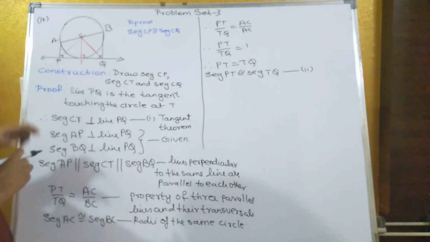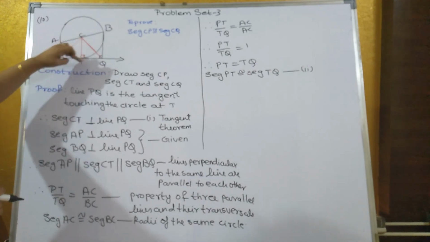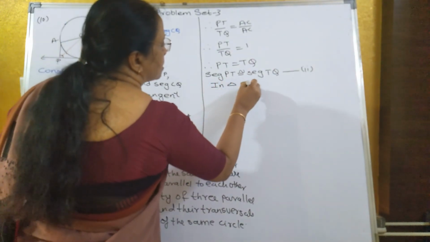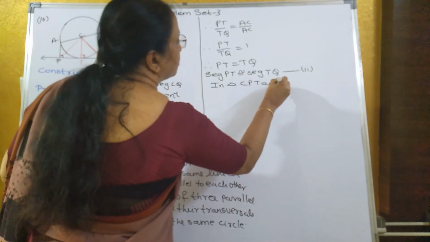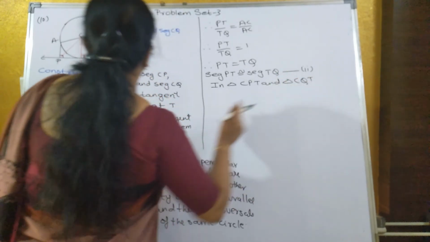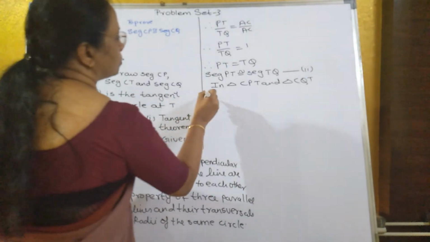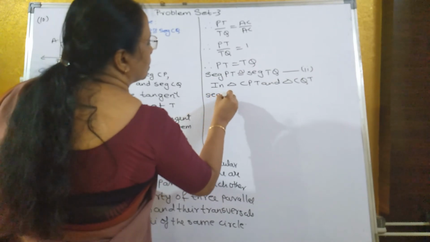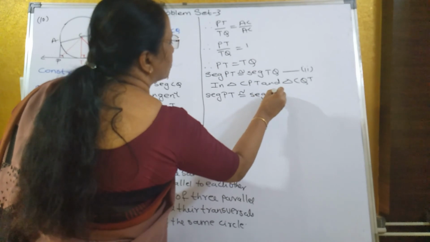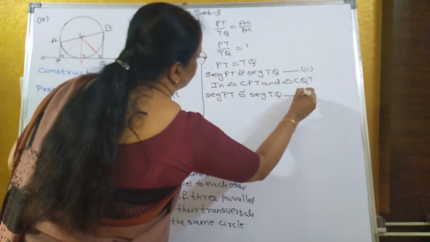Now we will take these two triangles, triangle CPT and triangle CQT. So in triangle CPT and triangle CQT, seg PT is congruent to seg TQ. We had just now proved it, seg PT is congruent to seg TQ from 2.